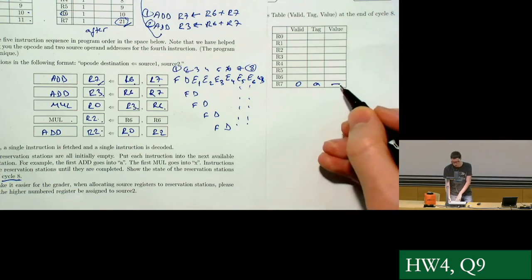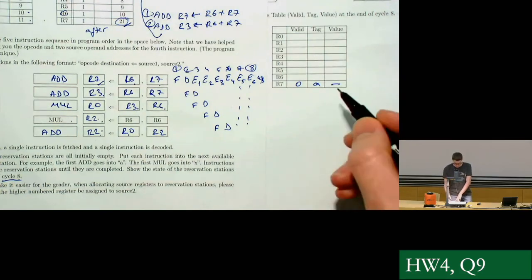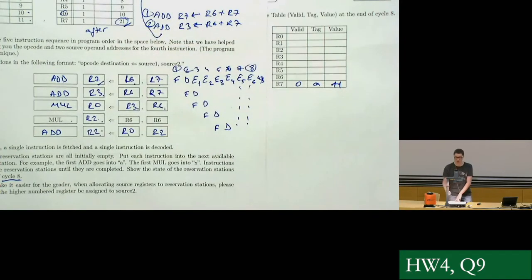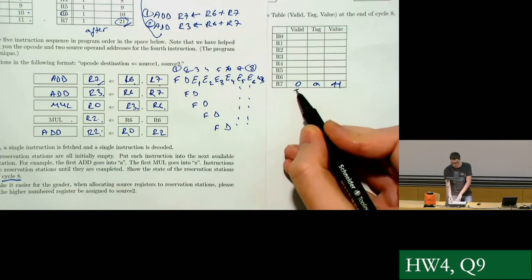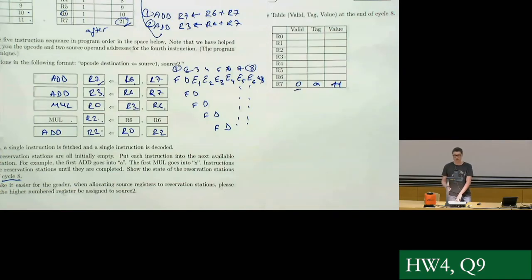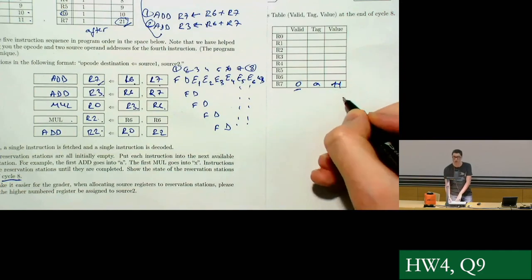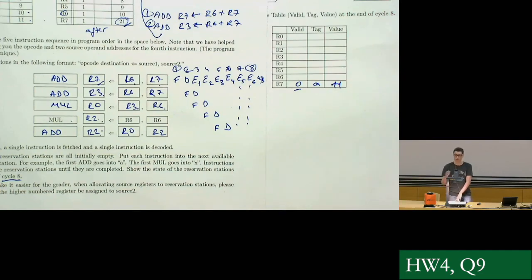Or you can preserve the existing value, right? So we can just write here 11, but it is really a don't care value because we know that it is not valid because of the 0 here. Okay, so it is both fine to write nothing here or just to keep 11, the previous value.